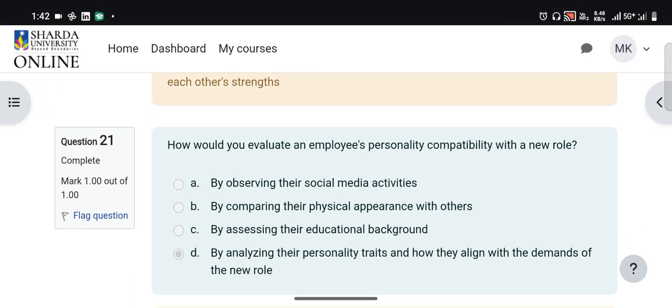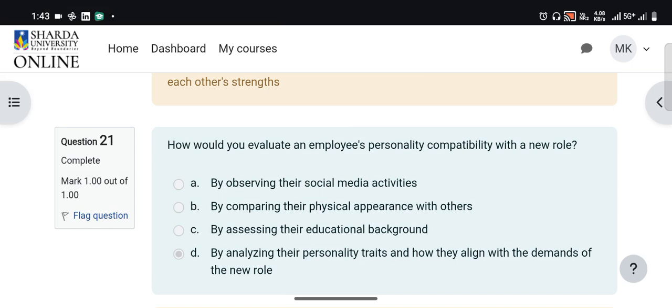Question number 21. How would you evaluate an employee's personality compatibility with a new role? Option A, by observing their social media activities. Option B, by comparing their physical appearance with others. Option C, by assessing their educational background.